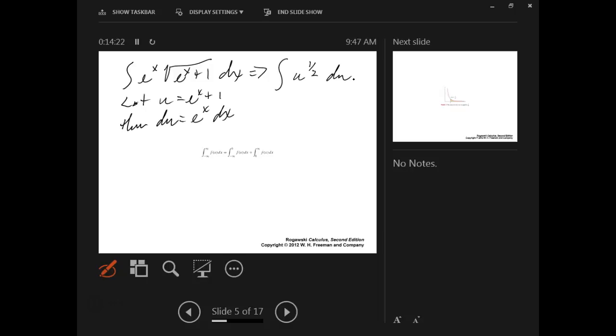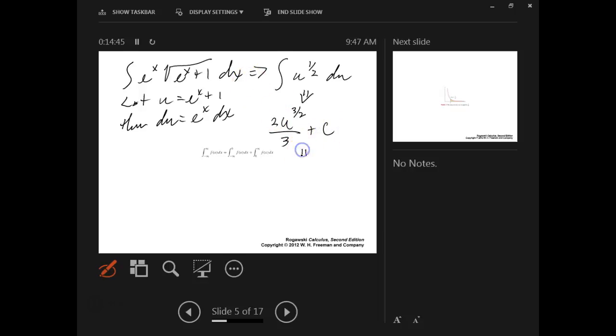And what does that become? U to the 3/2 times 2/3 plus c.